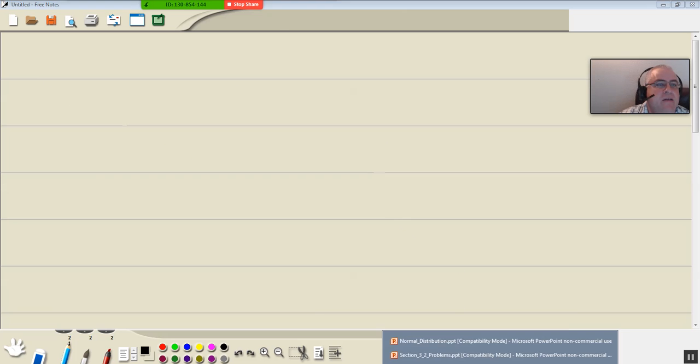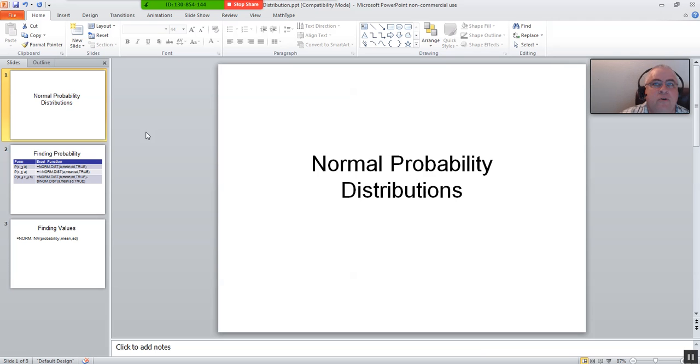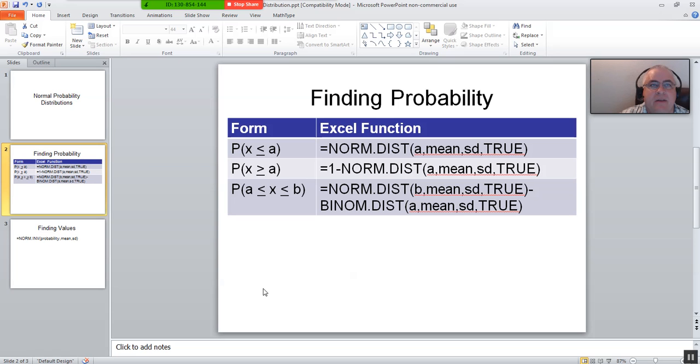And let's take a look at our normal distributions. So normal probability distributions. And these are ones dealing with probability. If you're finding a probability, other words for probability is proportion. Area is also another word, or even unusual would be that.